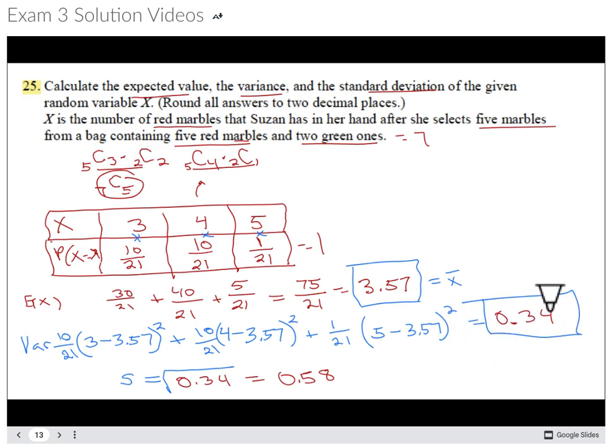The variance. This is the standard deviation. And so then we can click on here, 3.57, 0.34, 0.58. So that's the answers from the back. We got them all correct. And we're good to go on this one.